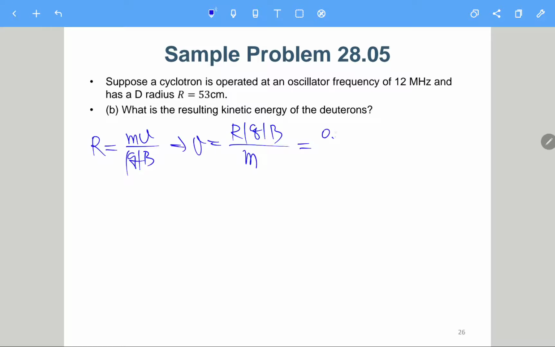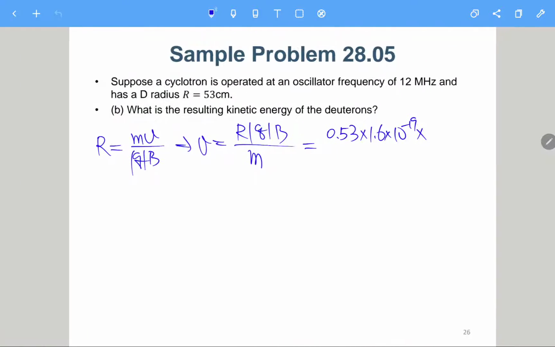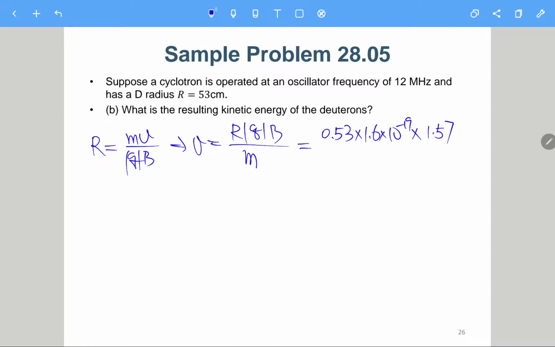We have 0.53 times 1.6 times 10 to the minus 19 times B, which is 1.57, and then m is 3.34 times 10 to the minus 27. So this v is 3.99 times 10 to the 7th meters per second, which is quite fast.